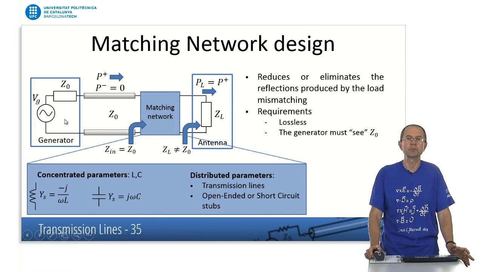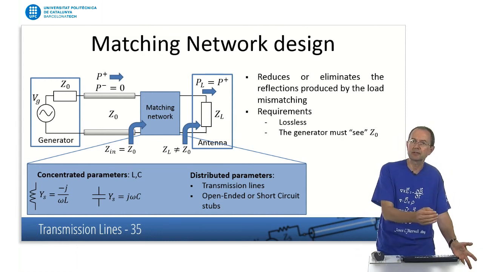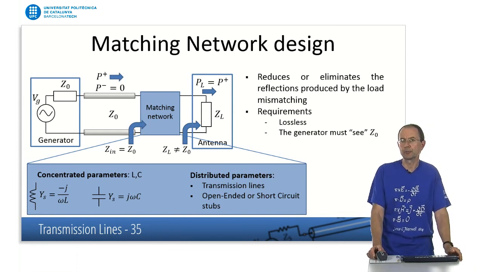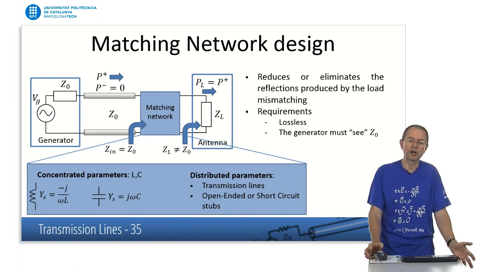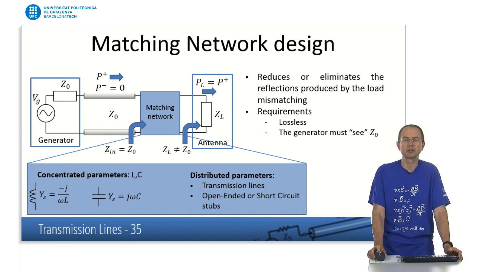If you do nothing about it, part of the power of the generator is just reflected towards the generator. That is going to cause problems to the generator, and we are losing efficiency. We are not transmitting all the power we have available, so we are losing, for example, coverage in a wireless communication system. So we have to do something about it.